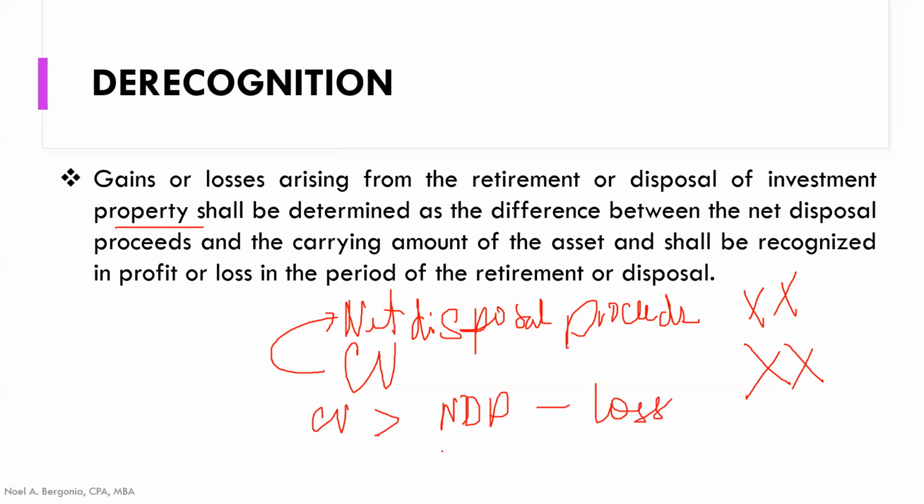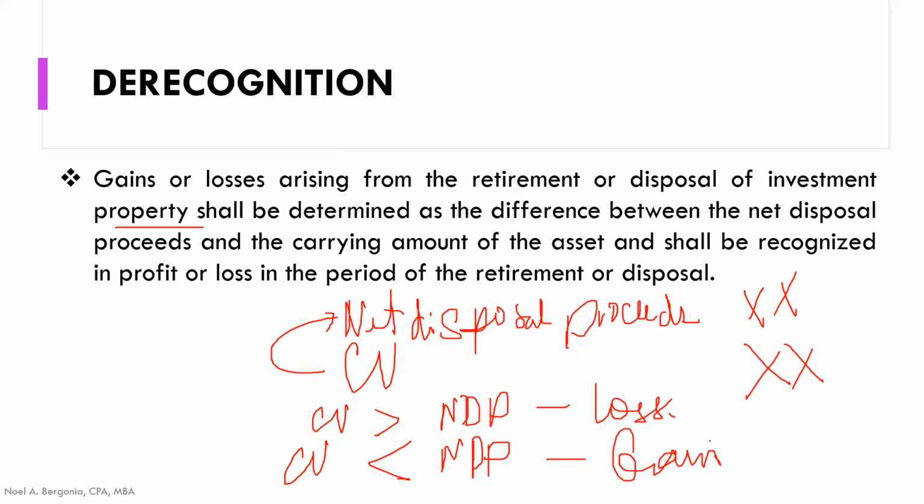Pero pag mas malaki yung net disposal proceeds kesa po doon sa carrying value, then we will have a gain. Okay? So which is actually similar lang then with the property, plant, and equipment disposal, and if ever, the intangible asset then. So that's the end of our theoretical concepts about investment property. Okay, so we will now be summing up our discussion with some examples pa about the topic.